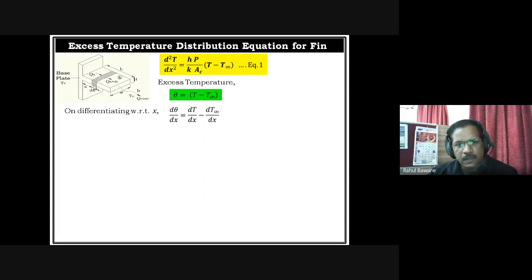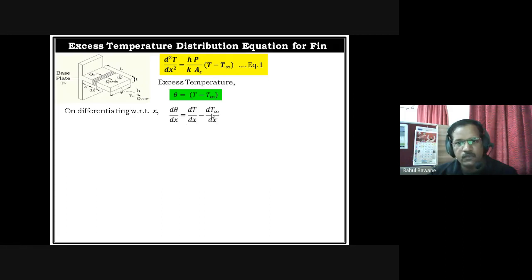It is maximum towards the base and minimum towards the tip. But the surrounding fluid doesn't have any relation with dx. The surrounding fluid temperature remains the same, whether at the base surface, the tip or midway.